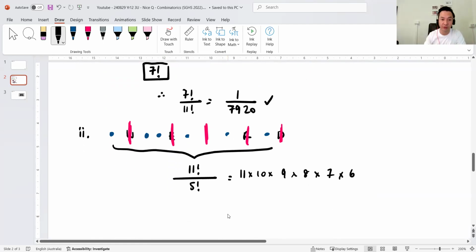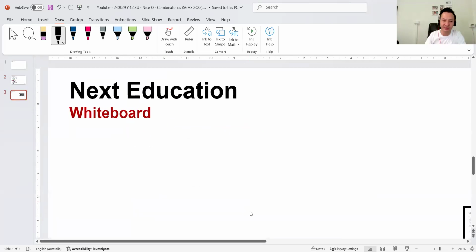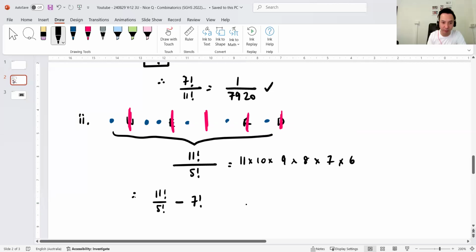So your answer is therefore 11 factorial on 5 factorial minus 7 factorial, because that's the number of times they are together. Don't want that, right? And then that's the number of outcomes. And if you want a probability, you just got to divide this all by 11 factorial. Once you do that, hopefully the answer is 13 on 1584.